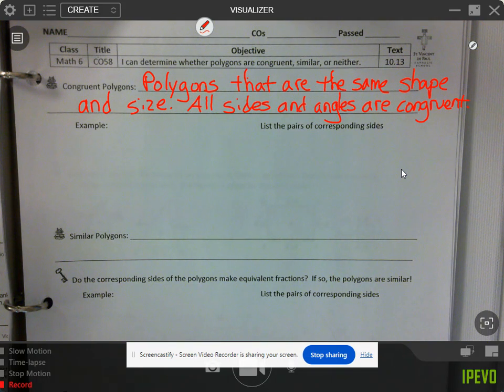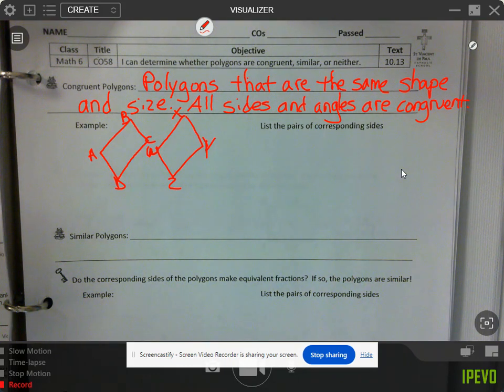So an example. I have my angles A, B, C, and D, and angles W, X, Y, and Z. So listing my corresponding sides.